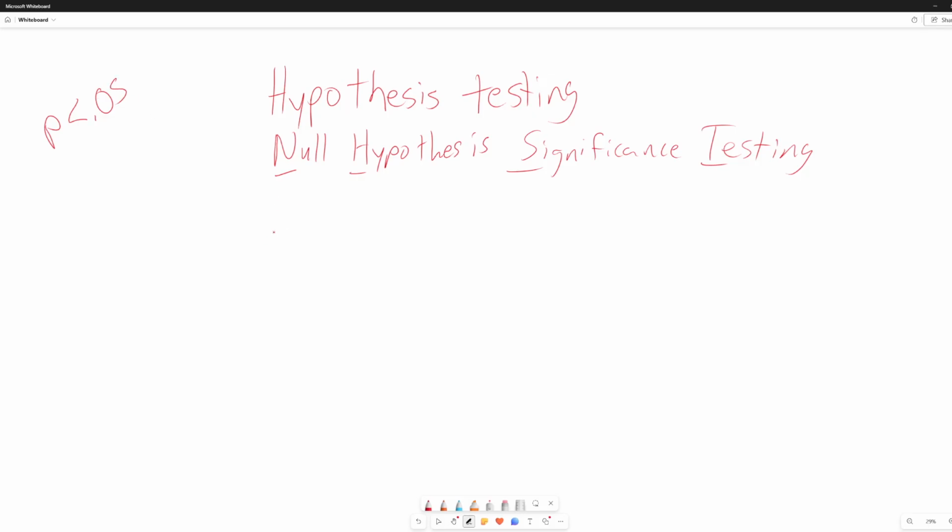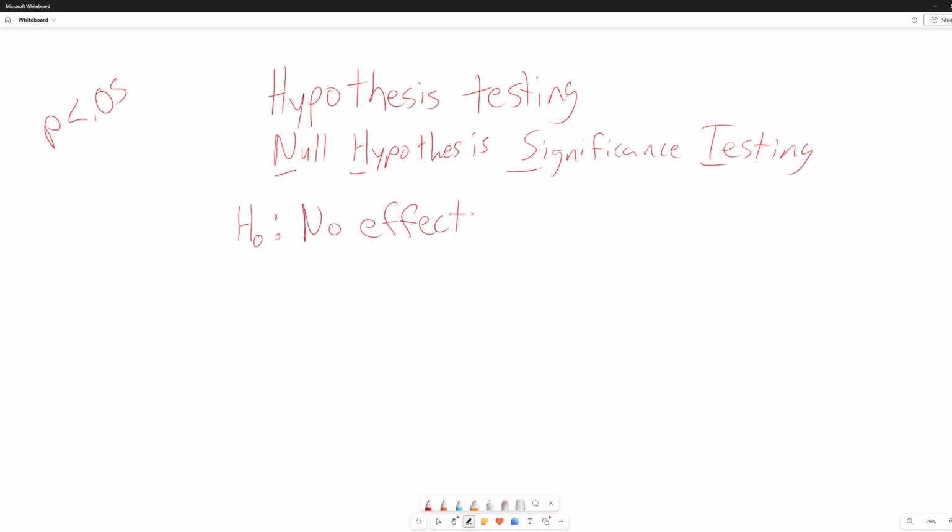And really, the way that we build out and think about null hypothesis significance testing is you start with a null hypothesis. This is abbreviated to H0. And what the null hypothesis states is that there is no effect.